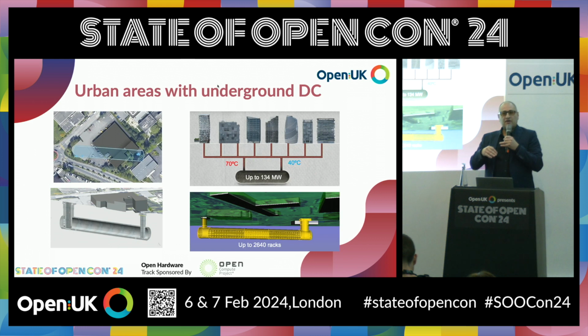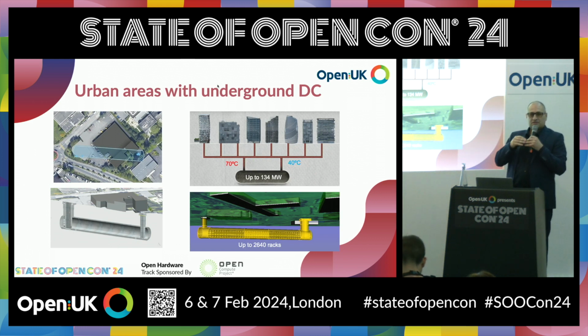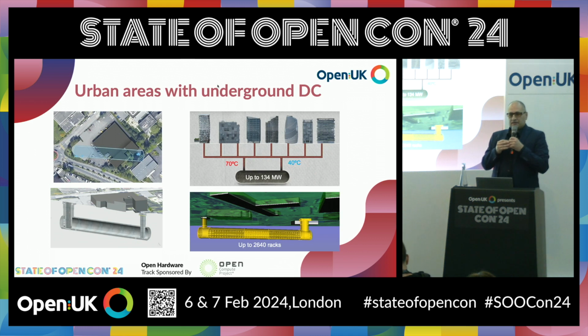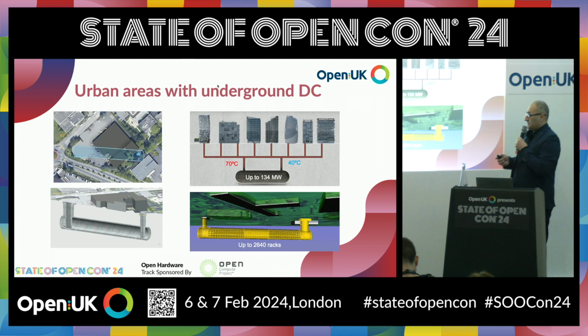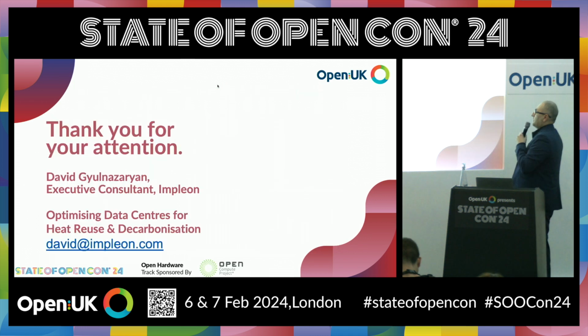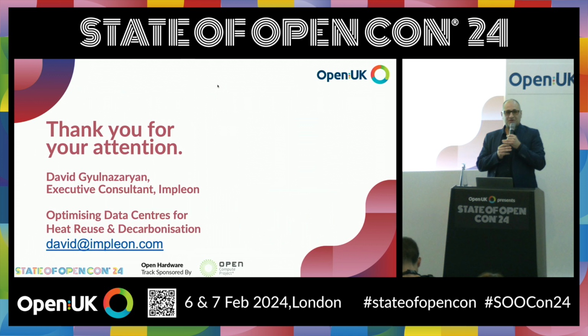At the same time, we create security and safety for the data centers, and meet all the requirements to be valued by the city. This is also the way to get decarbonized energy for heating cities. This is all I wanted to say, and I will be happy to answer your questions.